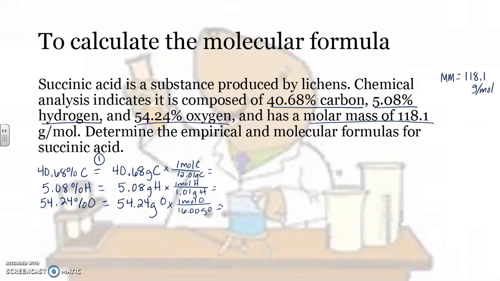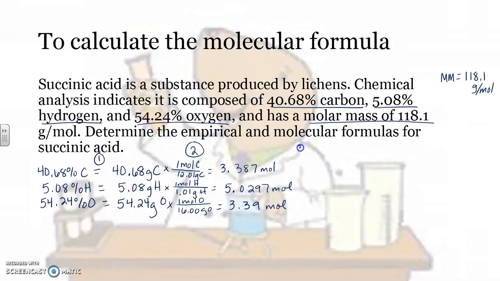So 40.68 divided by 12.01 gives us 3.387 moles. 5.08 divided by 1.01 gives us 5.0297 moles, and 54.24 divided by 16 gives 3.39 moles. Okay, step 2 is done.